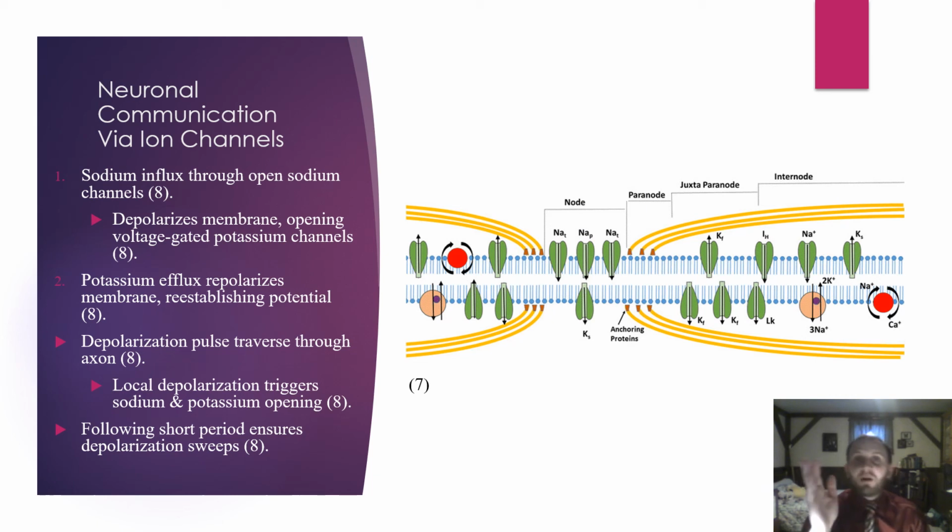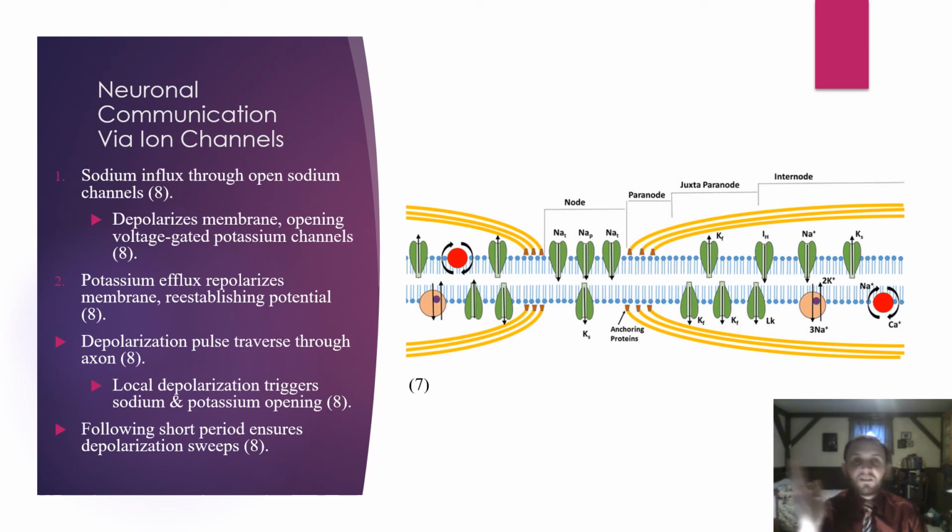And a brief pulse of depolarization thus traverses the axon, as local depolarization triggers a brief opening of neighboring sodium channels, then potassium channels. There is a short period that follows the opening of each sodium channel, during which it can't open again.